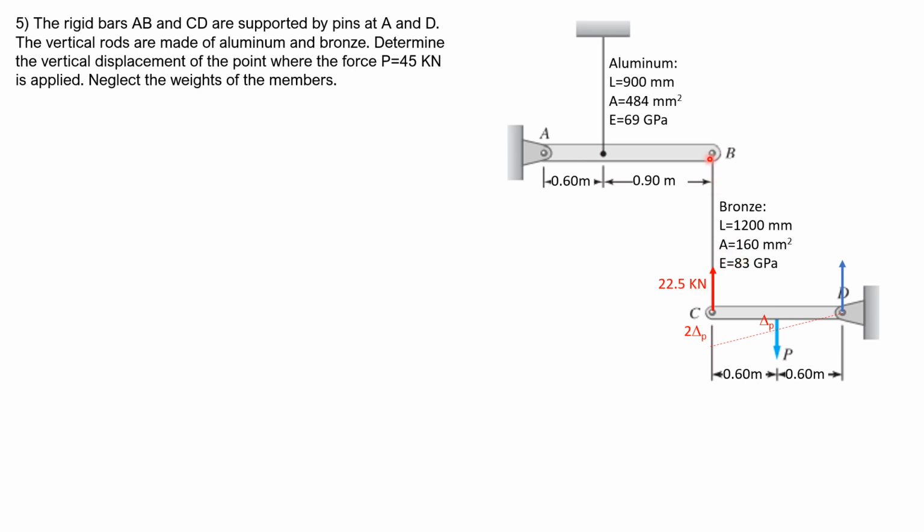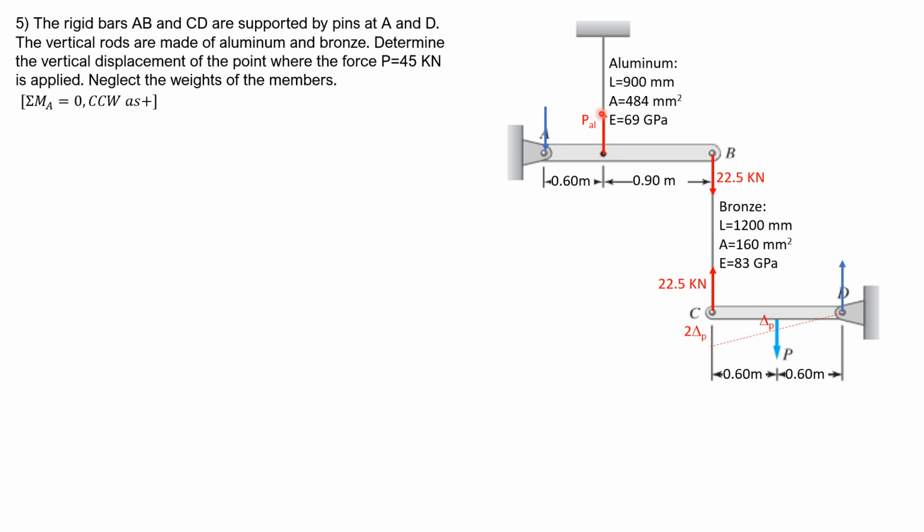Then let's transmit that. Let's consider the upper bar. This is also 22.5. Then we have reaction at A. So summation moment about A equals 0. So we can solve for the force in the aluminum rod or bar. Summation moment about A equals 0, counterclockwise positive.